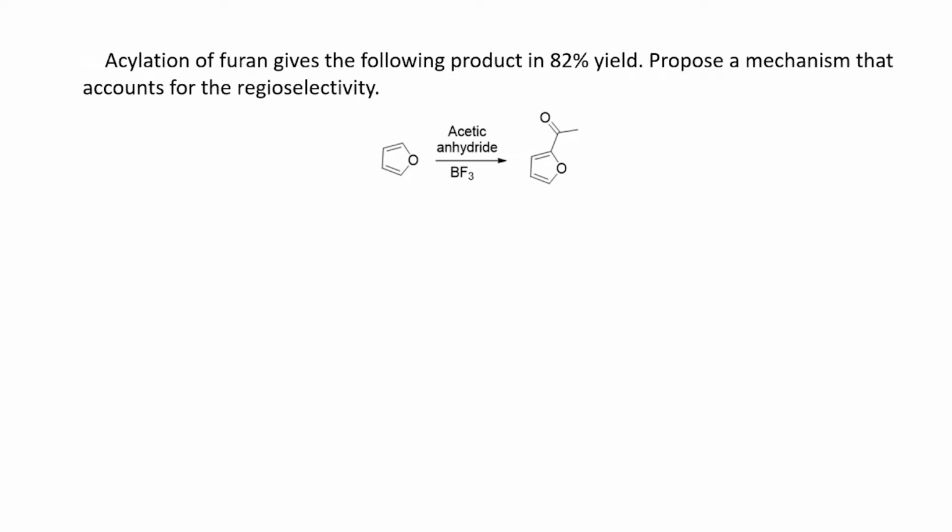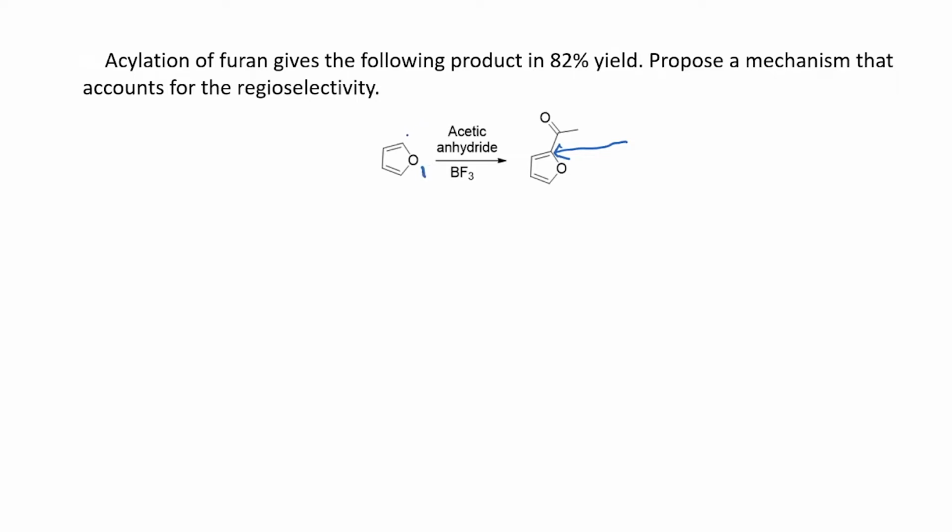So looking at this compound, this molecule is aromatic, as we all know. Now when you react this with acetic anhydride and BF3, you end up with essentially a compound that is substituted at the 2 position. So let's get that nomenclature first straightened out.